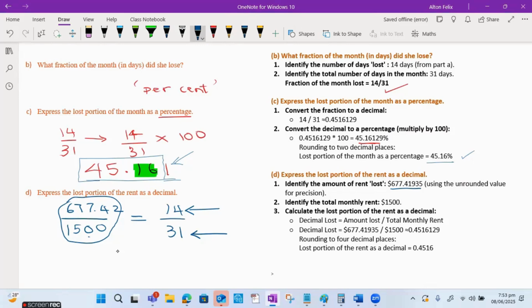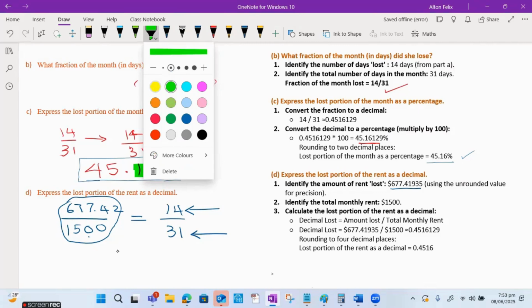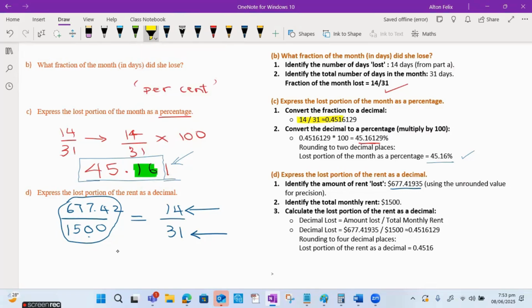Now, let's just highlight those 2 answers. 14 divided by 31 up here is 0.4516, and then when we put our lost rent over the total, we get basically the same answer, 0.4516, and so on.